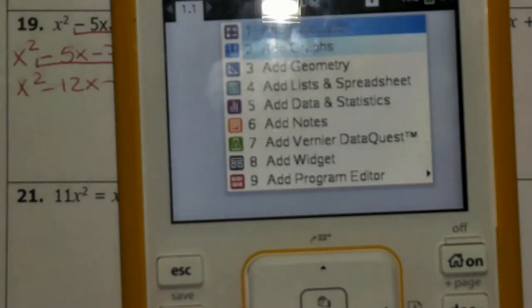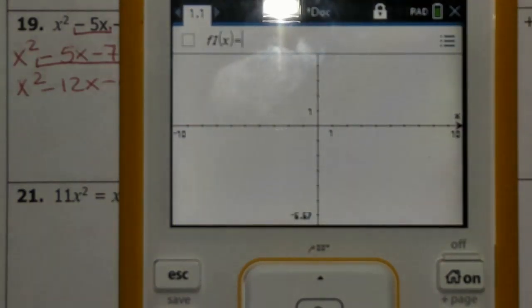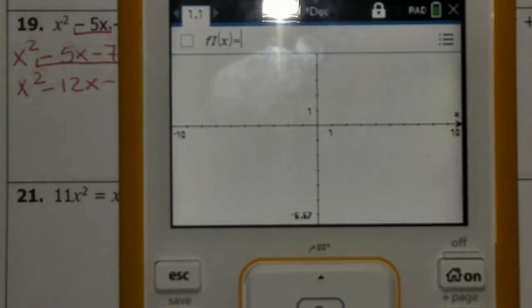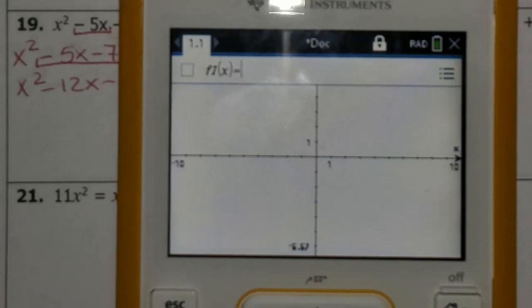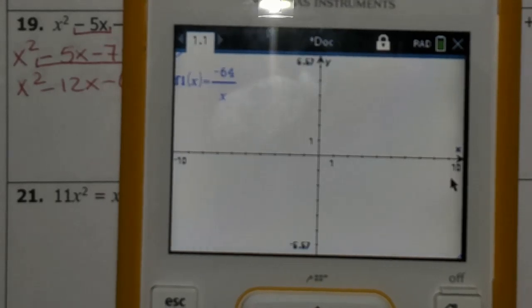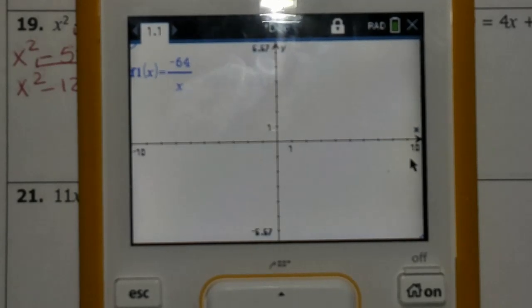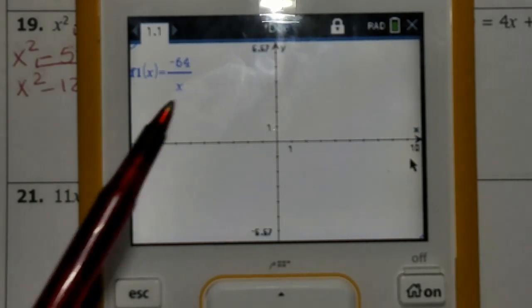Okay, go like you're going to graph, add a graph. The number you wish to factor, I want to factor negative 64. Negative 64 divided by x. Does not matter where the graph is. That we do not care about. We're looking for factors. And the reason this works is we're dividing by the x.